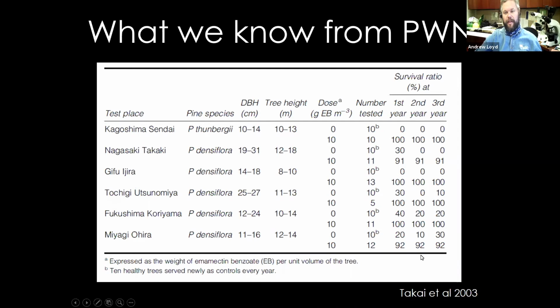That's the most important thing, all the way on the right of this table. When they injected them, they had anywhere from 100 to 90% survival rating after 3 years. So again, we can protect these trees from this nematode that causes pine wilt disease with emamectin. So maybe we should be able to have some efficacy on beech leaf disease.